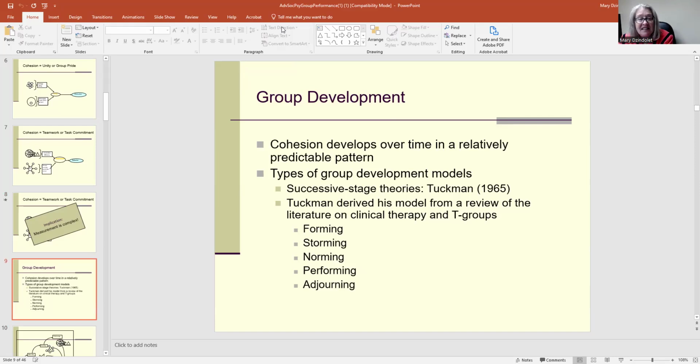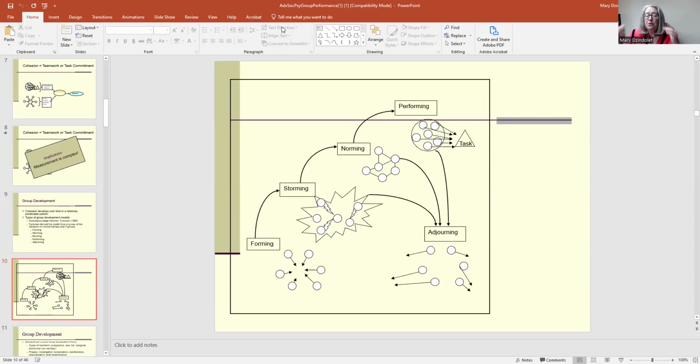However, it stays in the literature, I think, because it has such intuitive appeal, and it's kind of fun: forming, storming, norming, performing, adjourning. It all rhymes, we know what the words mean, so it's a nice heuristic. It's very easy to figure out. Okay, let's go through the theory, and then I'm going to give you a more up-to-date theory, not the most up-to-date, but one that we use even more than this one now.